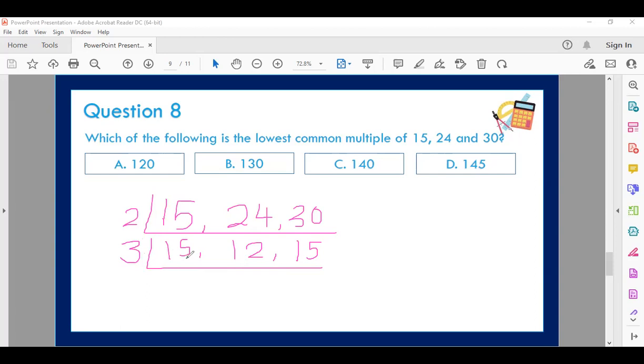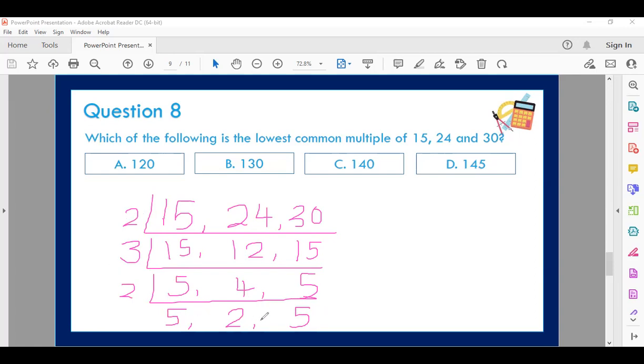So 15 divided by 3 is 5, 12 divided by 3 is 4, and 15 divided by 3 is again 5. Now we can go one more round with 2, because we have 4 here. So this stays 5, this becomes 2, and this stays 5. Now there is no more; all of these are already prime numbers.